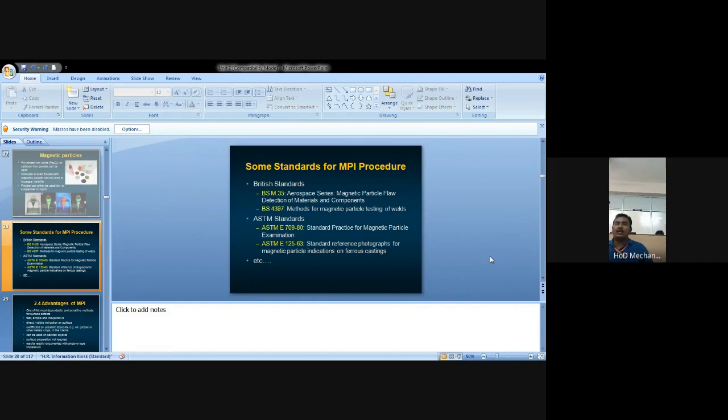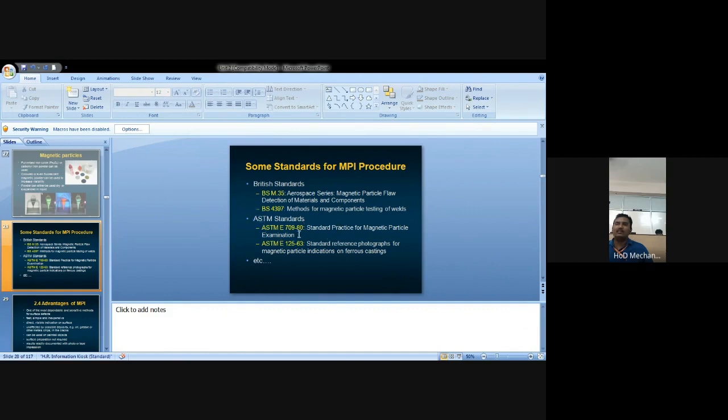And they follow some standards for the MPI procedure. One is the British standard, DTD 5035, used for aerospace series magnetic particle flaw detection of material and components. BS 4397, the method for magnetic particle testing of welds.